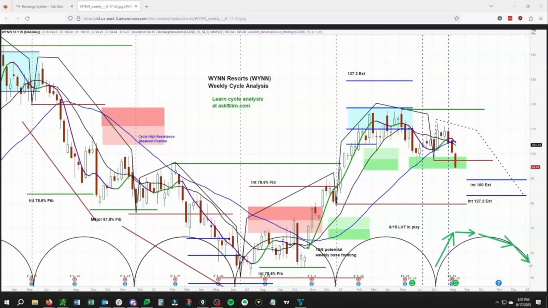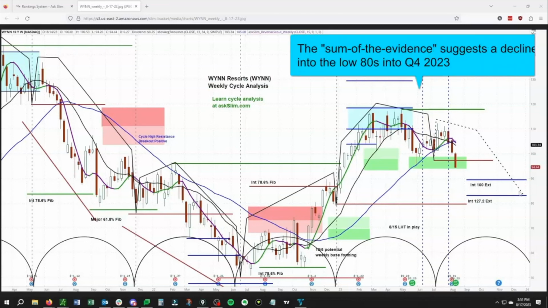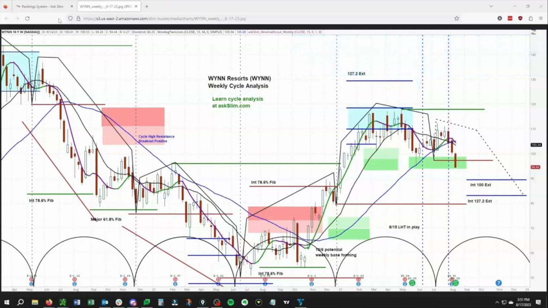So this is a very bearish setup here in WYNN. What we have on our charts is our key levels on the downside, right around 90 and then 85. And we have our track that we are looking for on the downside, with a move down into the lower 80s prior to this intermediate term corrective period being over with. So a clear bias to the downside in WYNN over the intermediate term.